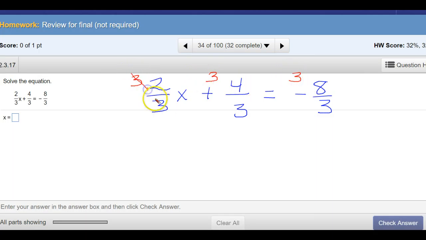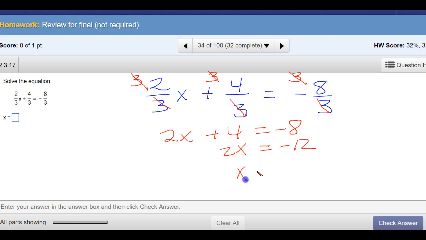And here, they just all cancel out. So our basic equation then is 2x plus 4 equals a negative 8. So we're going to transpose the 4. On this side it becomes a negative 4, so this is a negative 12. 2x, divide both sides by 2. x equals negative 6.